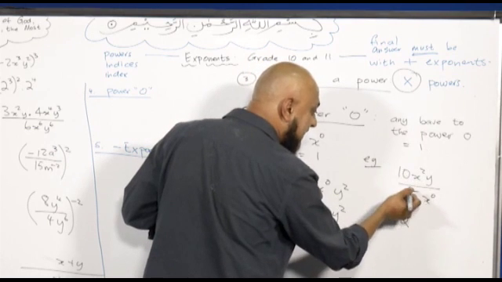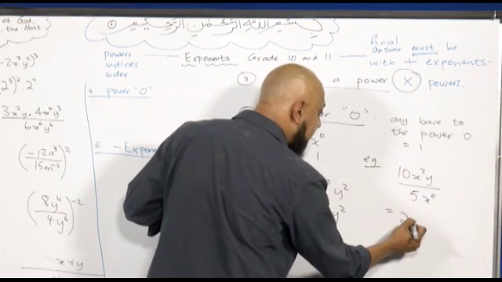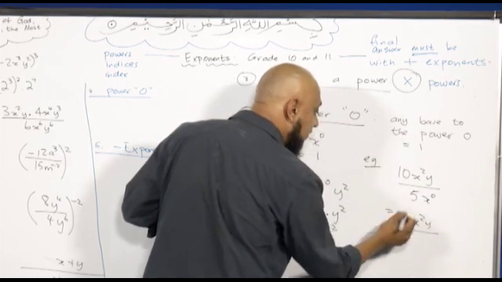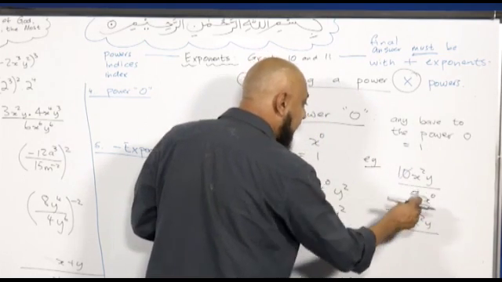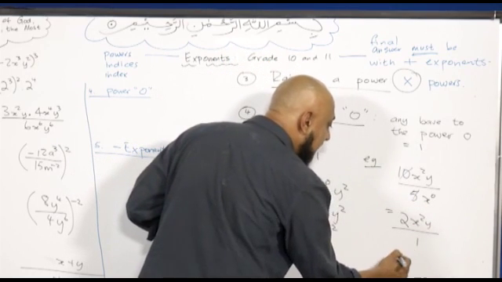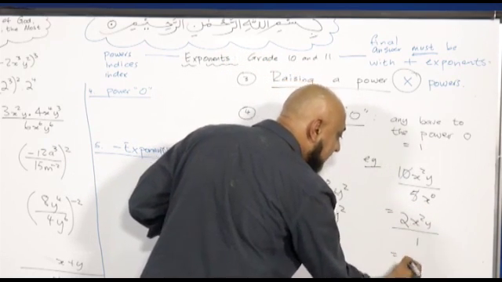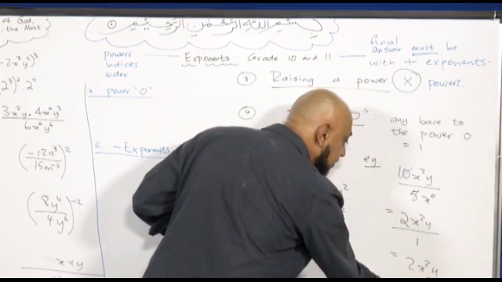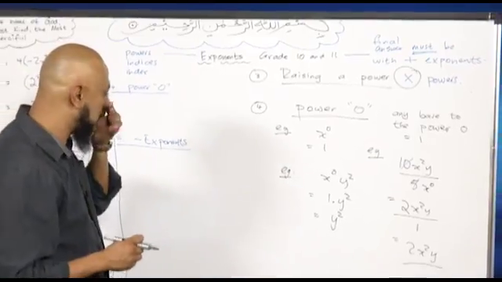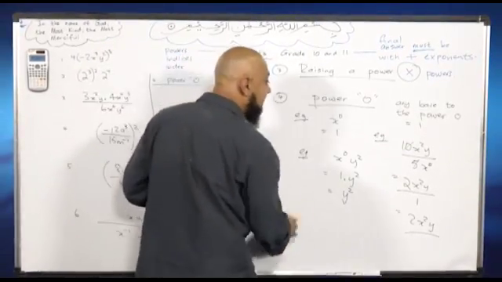Or we can leave it as 10 over 5 is 2, x squared y over, and we know x to the power 0 is 1. Any number upon 1 is still itself, so we're left with 2x squared y. And there we go, that is your final answer. Okay, let me show you. Let's do more.